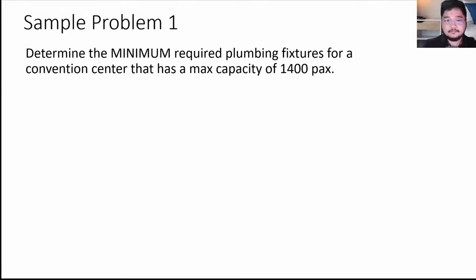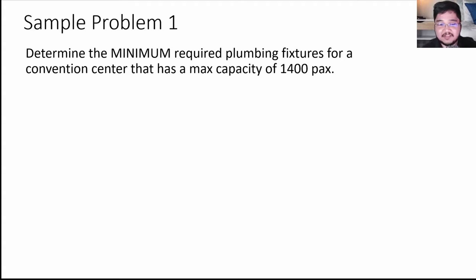Okay, so now let's move on to the sample problems. Sample problem number 1: determine the minimum required plumbing fixtures for a convention center that has a max capacity of 1,400 packs.